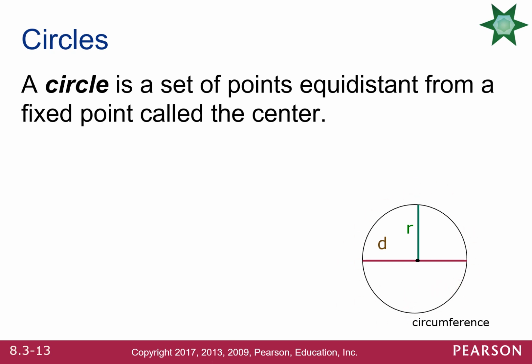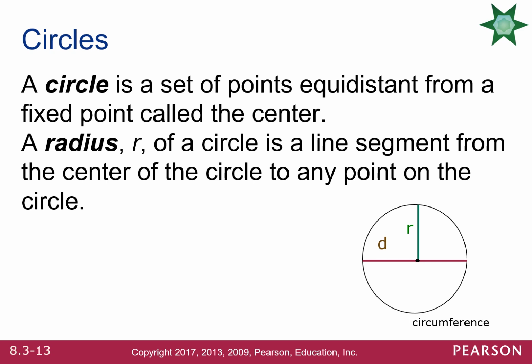Now a radius r of a circle is a line segment from the center of the circle to any point on the circle. So if we draw lines from the center point to any point on this circumference, that particular line is called a radius.